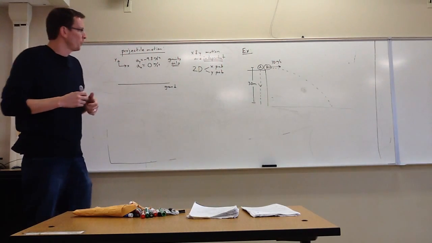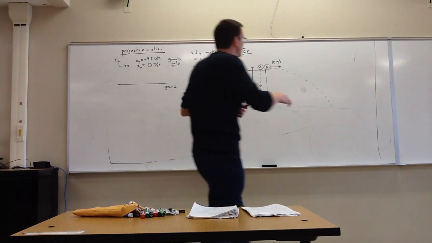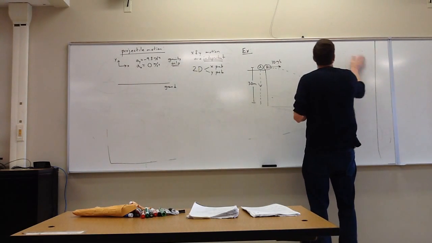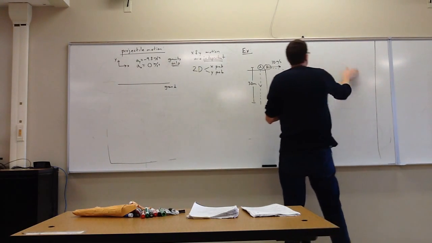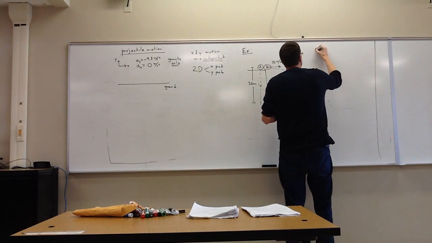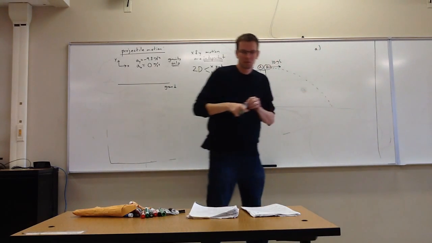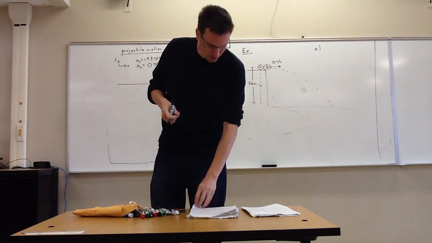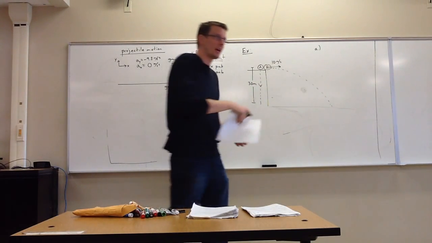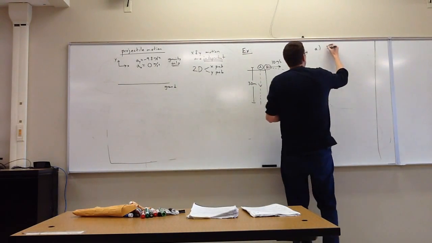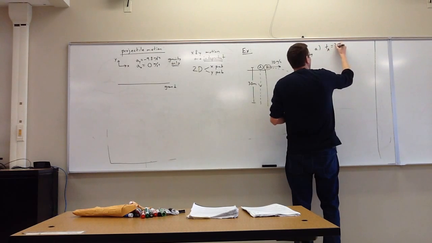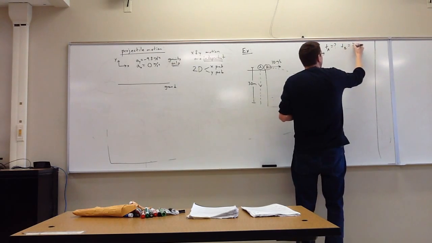Let me pose a series of questions about this. In part A, this is like a hypothetical homework question, very much like the homework questions you actually have: what's the flight time of A? What's the flight time of B?